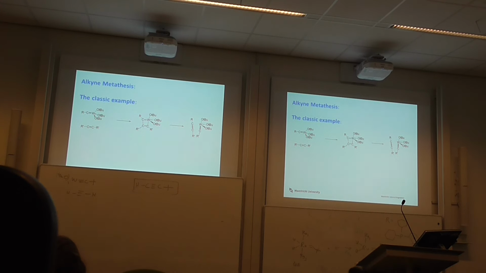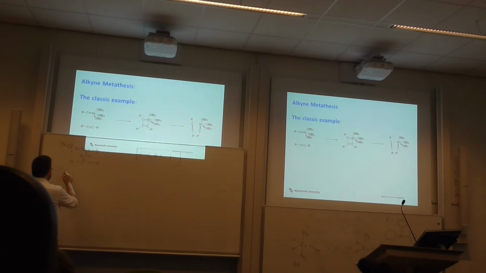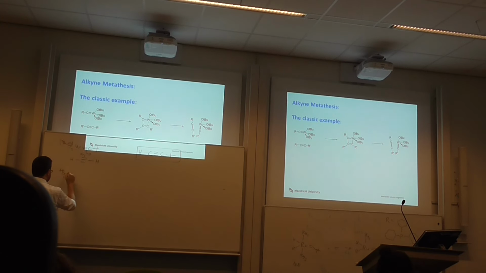What's going to happen? Same thing as with metathesis, we get a 2+2 cycloaddition, and then we form this intermediate. This is a double bond. There's a tertiary butyl group sitting over there, and here's 2 H's.